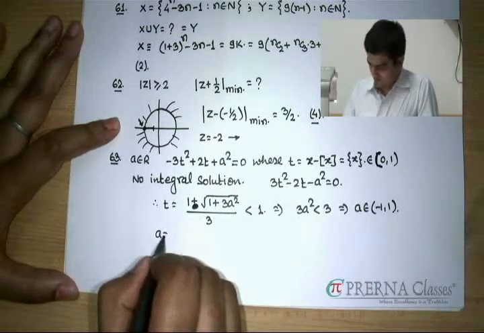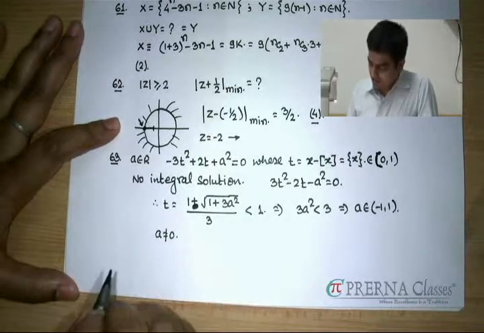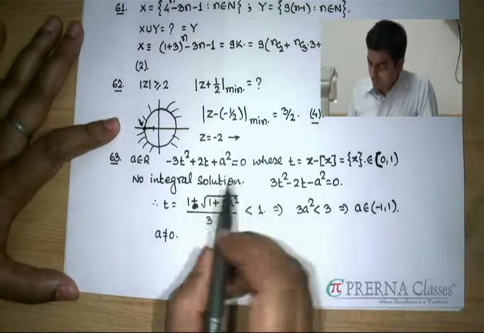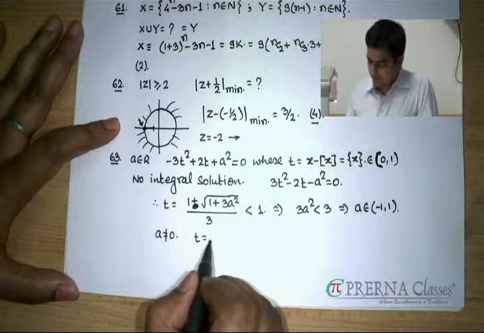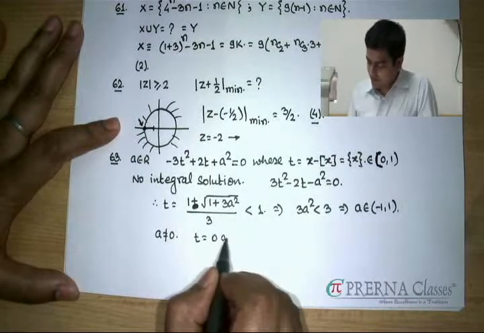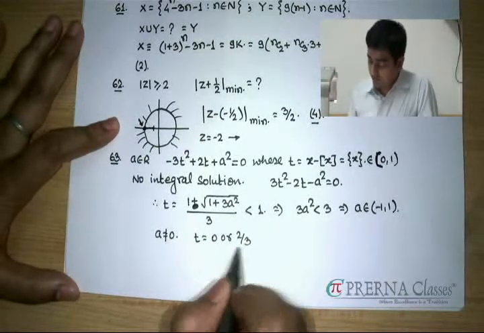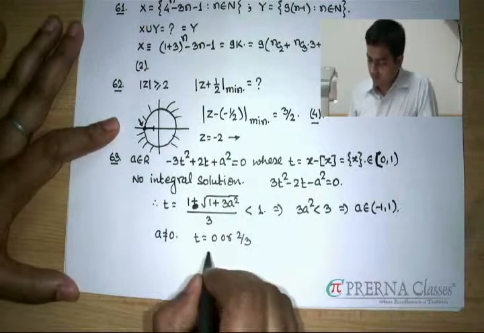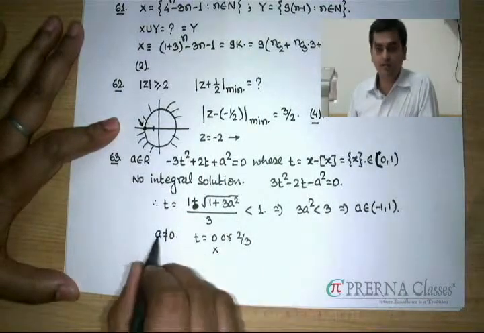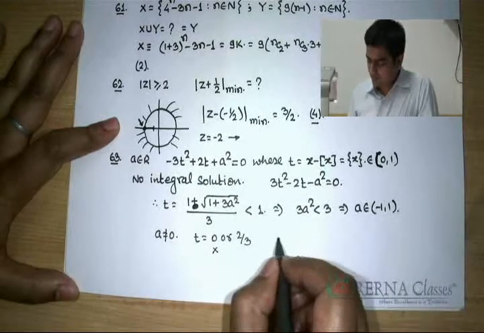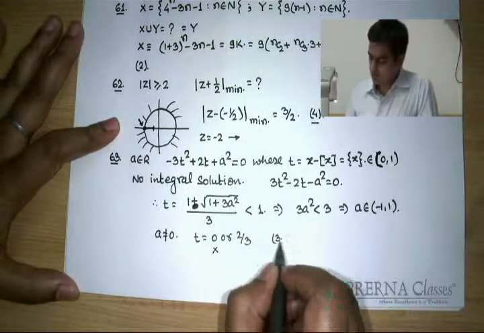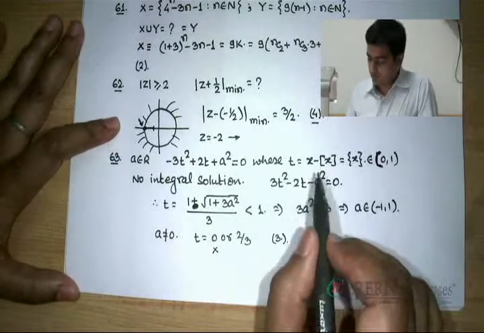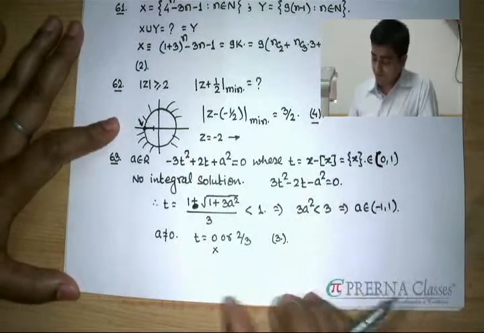But in this particular case, a equal to 0 should not be acceptable, because when we take a equal to 0, you can clearly check t is going to take two values, either 0 or 2 by 3. 0 is something which corresponds to that integral solution. That's why you can't consider a equal to 0, which is matching with the option 3.